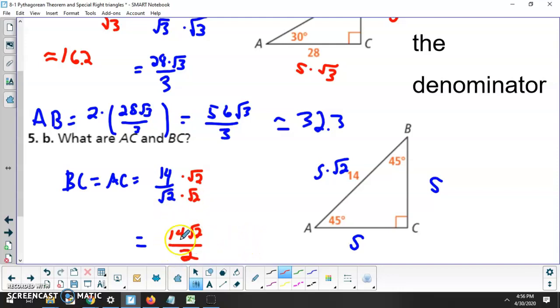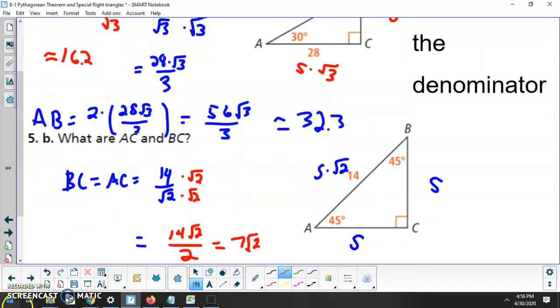Then notice the 14 and the 2, you can divide those, so your real answer is 7 times the square root of 2. That is a precise answer, unlike if you put it in the calculator straight, which would be a decimal approximation.